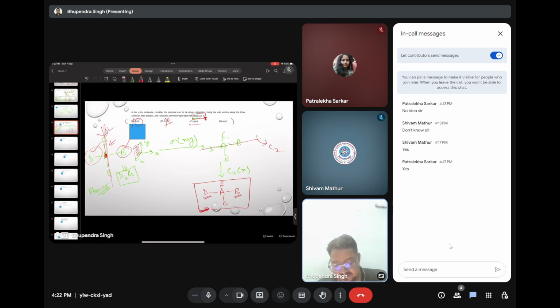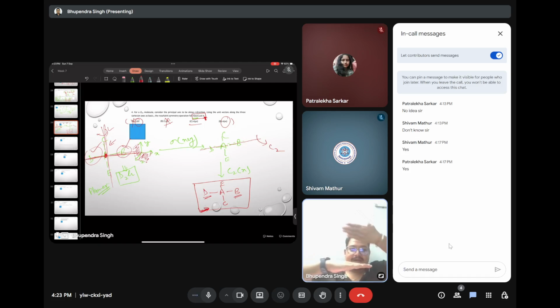Okay. Next, what is left? Sigma XZ. ZX is this, along the X direction. Your molecule is planar like this.